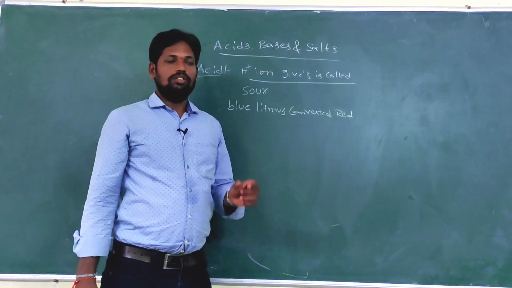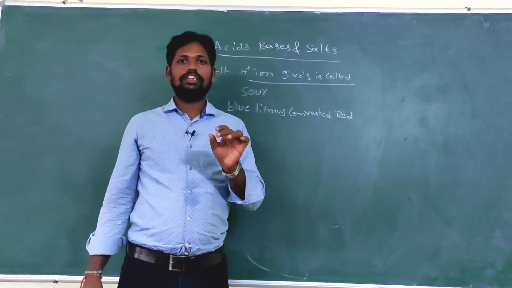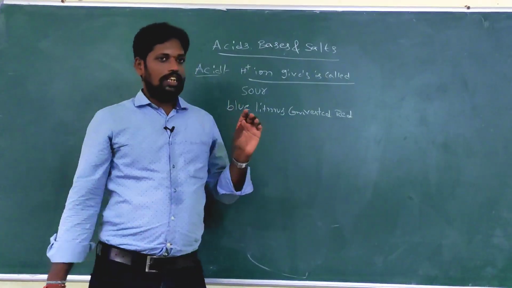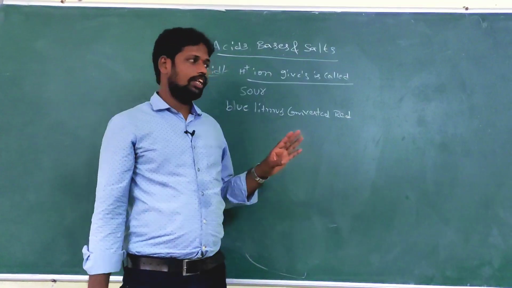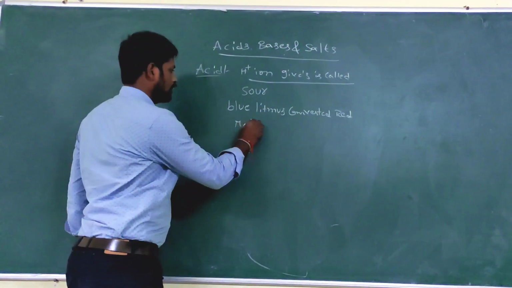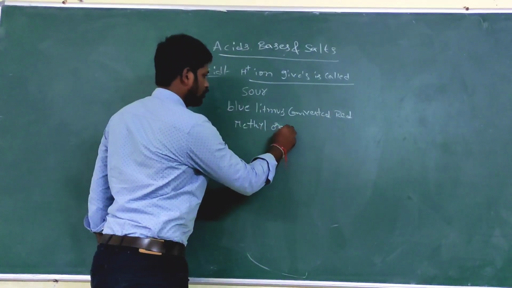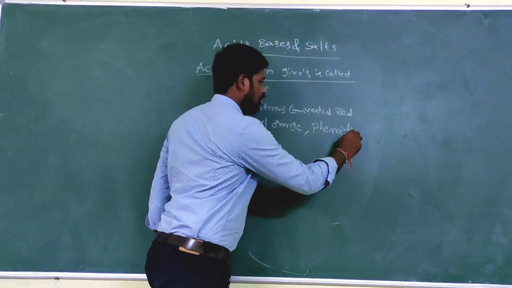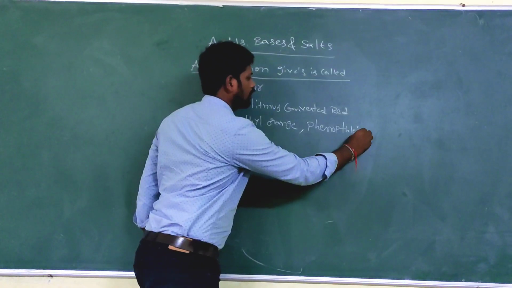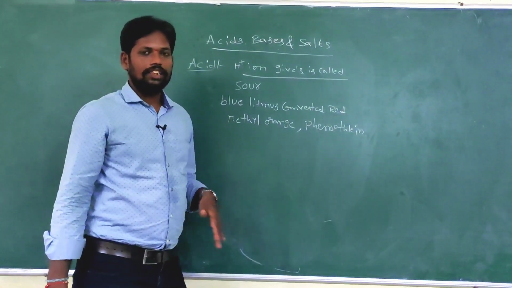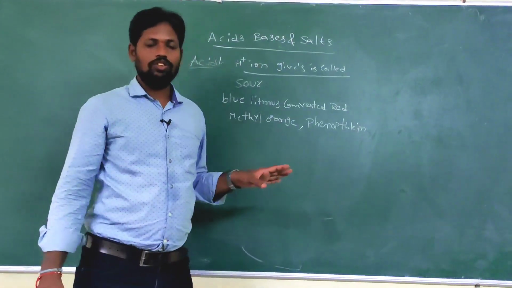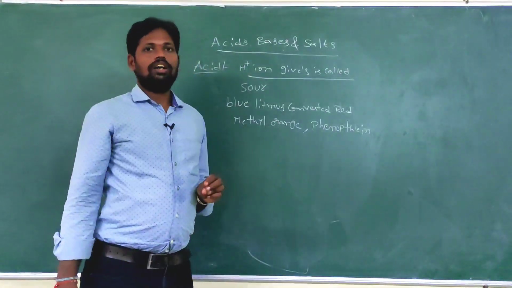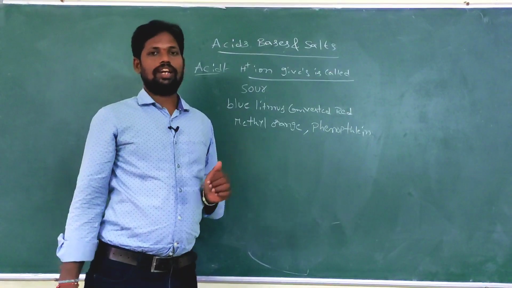You use these indicators to find out whether an acid or base is present in a compound. If you add methyl orange to an acid, the color will change to red.